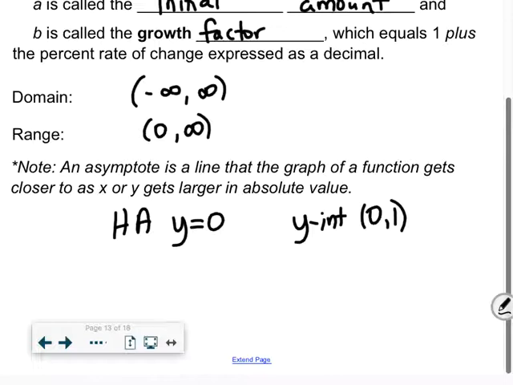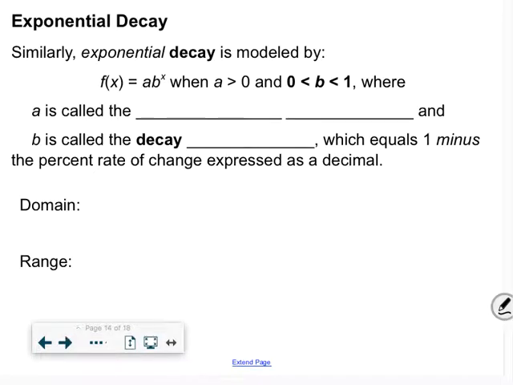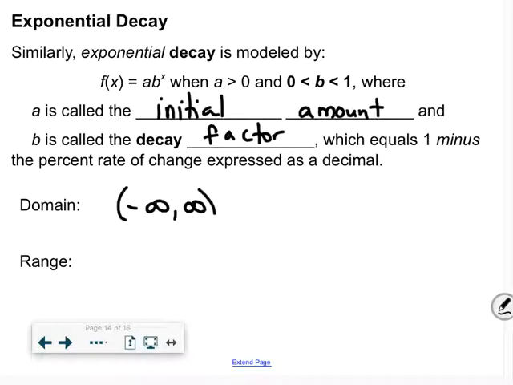Exponential decay. Exponential decay is f of x equals a times b to the x when a is greater than 0 and b is between 0 and 1. Guess what? A is still the initial amount. And b is called the decay factor. The domain is negative infinity to infinity.